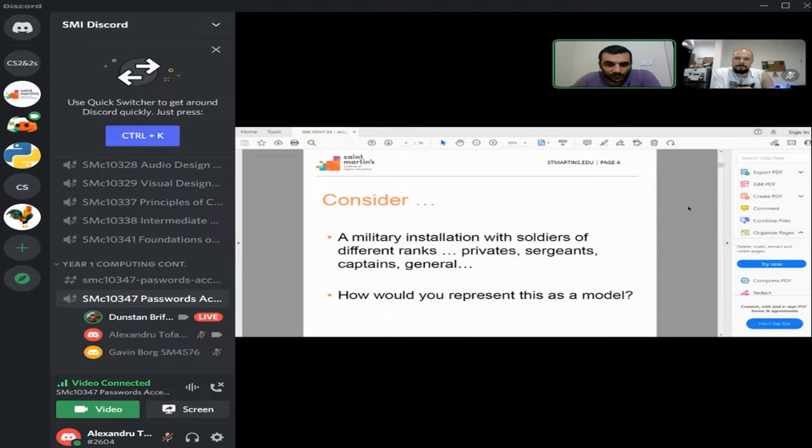If we look again at this idea of the model, we had seen it in the beginning, and in fact we're going to even mention it next time. So if we've got a military installation with soldiers of different ranks, how would we represent this as a model?